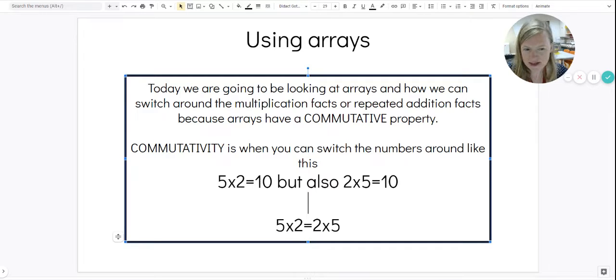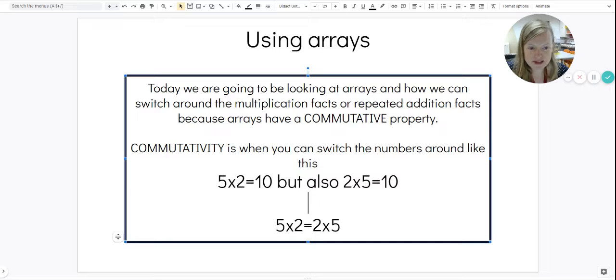If you think back to number bonds, addition bonds, where we say 6 plus 4 equals 10 and 4 plus 6 equals 10, it's the same thing. The order of the numbers doesn't impact the answer. We can't do this with subtraction or division because the placement of the numbers in those sentences impacts the answer.